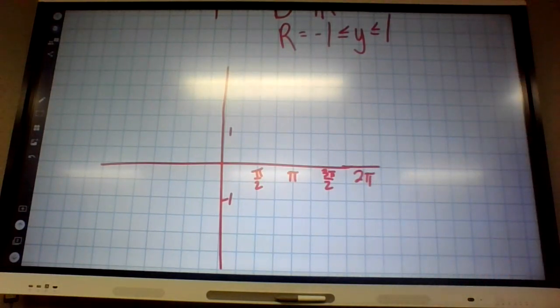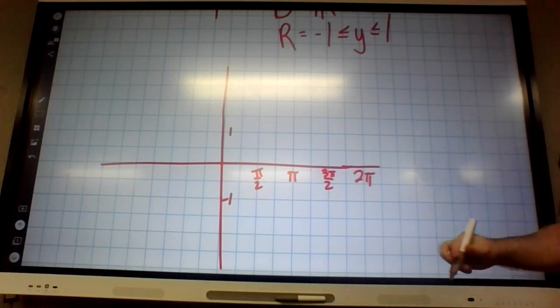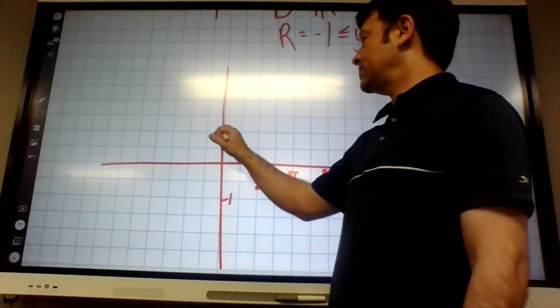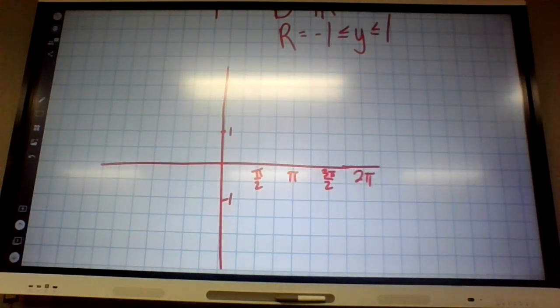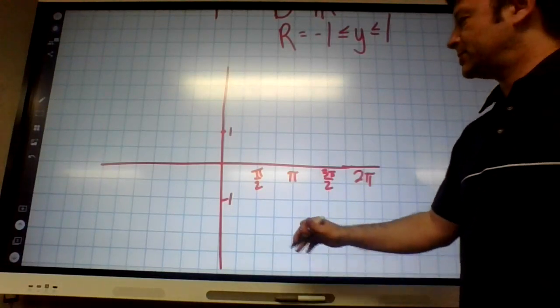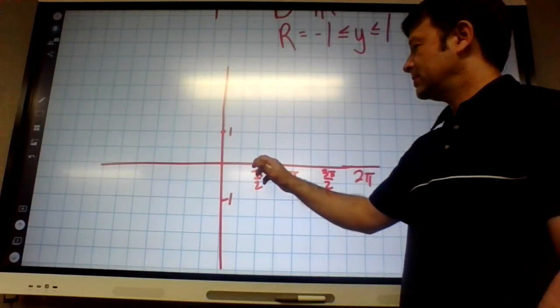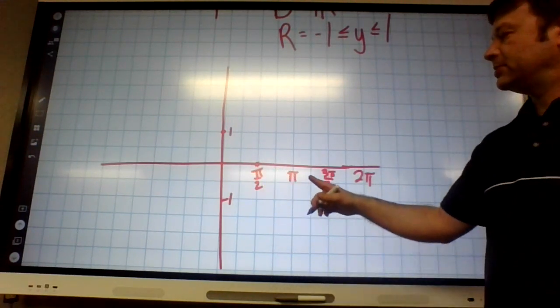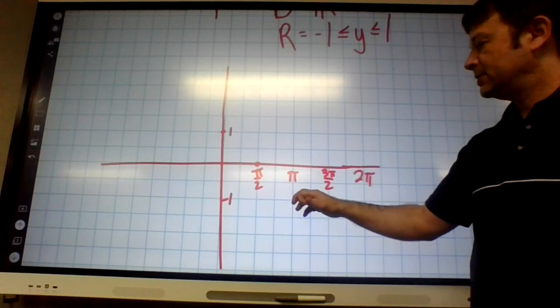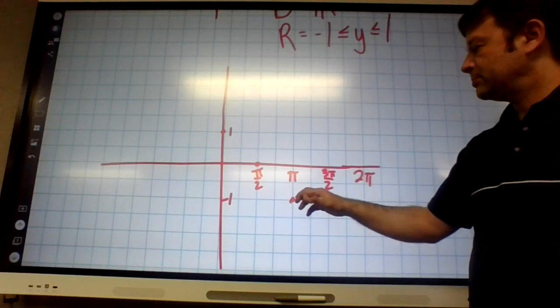The difference with cosine is that cosine of 0 is 1. So it starts at the top of its graph. If it starts at the top, guess where it goes next? Down to the middle. So at pi over 2, it's in the middle. At pi, it's at the bottom.